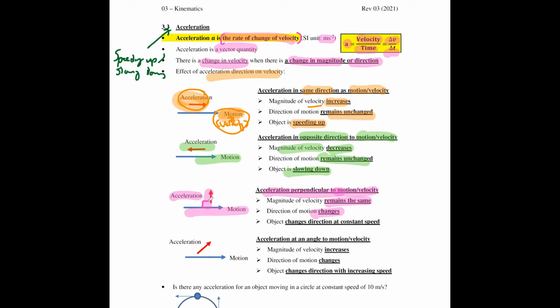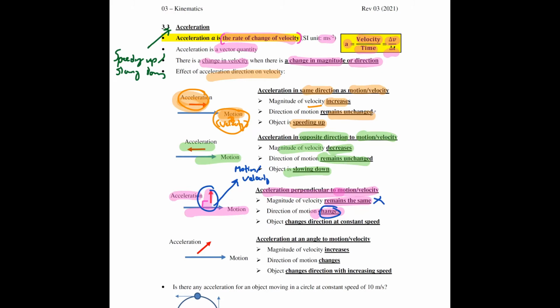If your acceleration is perpendicular to your motion or velocity like this, the acceleration will cause your velocity to suddenly turn like this. This will be now your motion direction or your velocity direction. It's because your acceleration was perpendicular to your motion. It will cause the direction itself to change, but it will not cause the magnitude to change. It will remain the same.